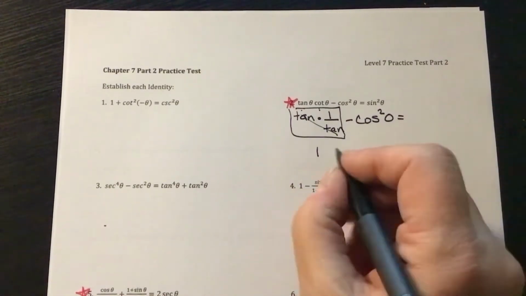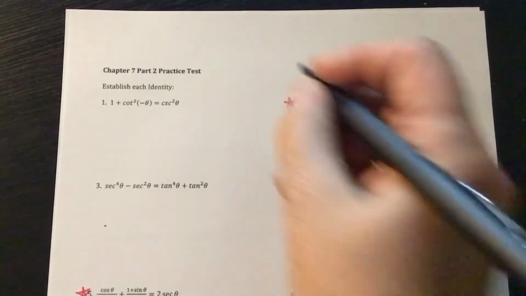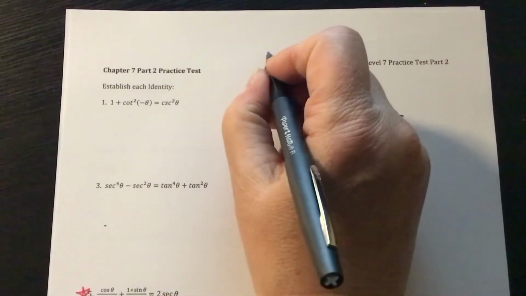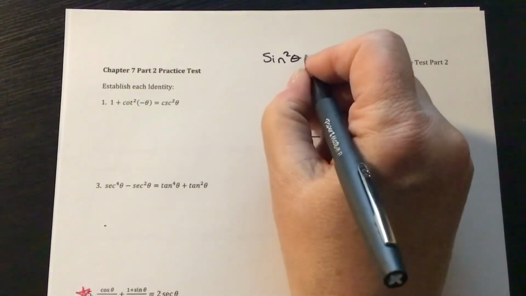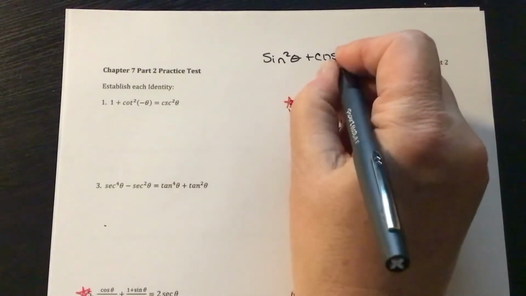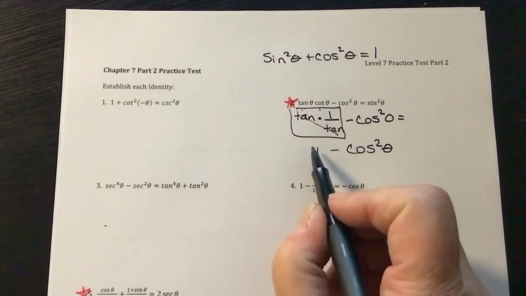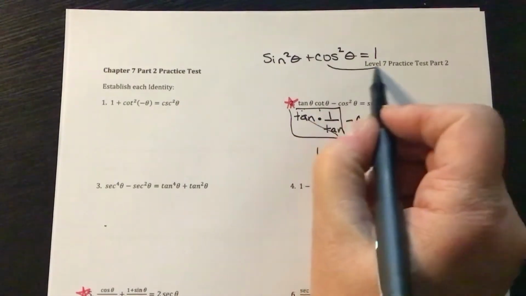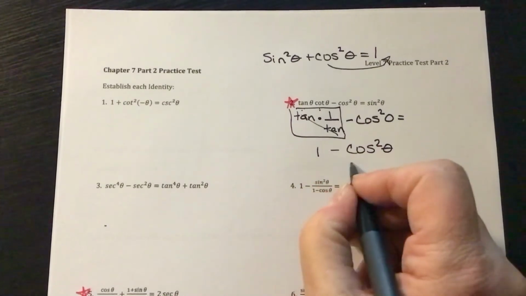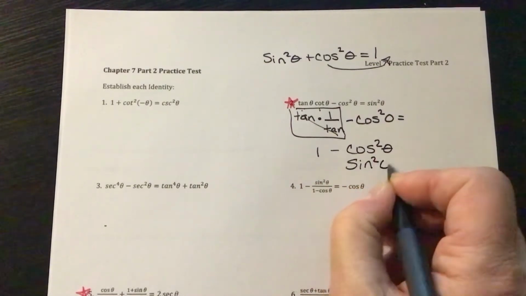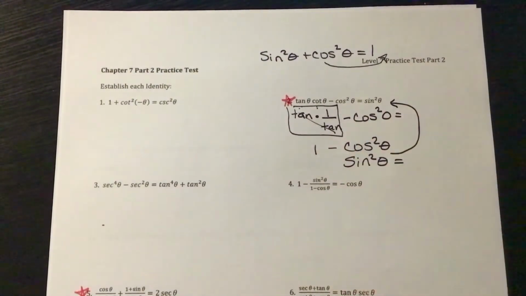So I have 1 minus cosine squared. And from the Pythagorean identity, sine squared plus cosine squared equals 1. If I subtract cosine squared, that is going to equal sine squared. And that's what I want to end up with.